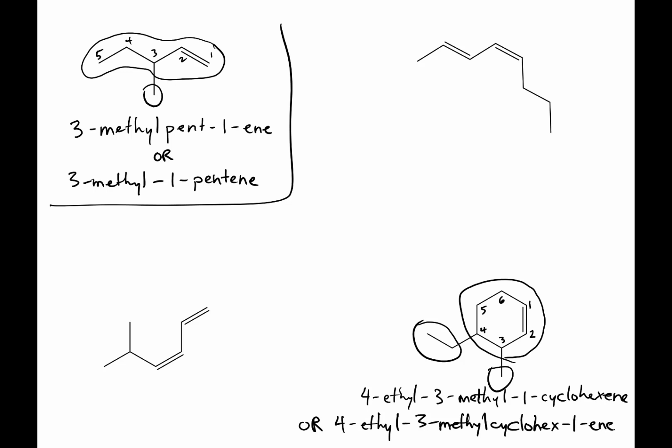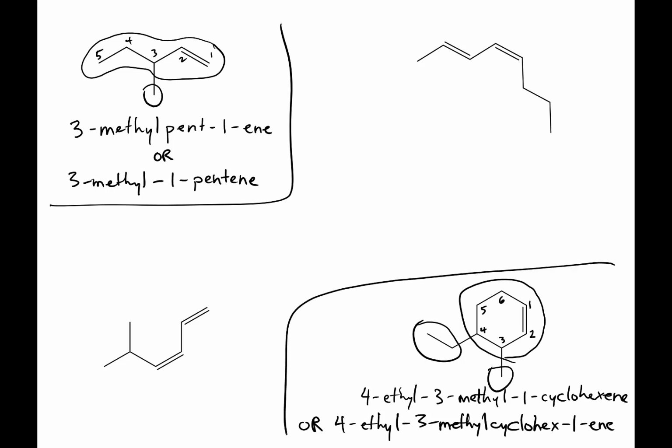Again, the location of the alkene functional group can either go right in front of the ene or in front of the entire parent.